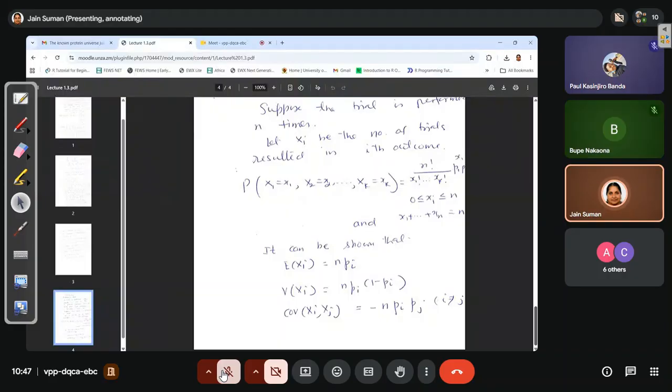The conclusion is that the marginal distribution of each one of them is binomial, and the expected value of xi is npi, just like in the binomial distribution, where the expected value is np.